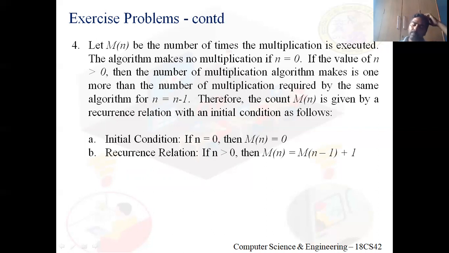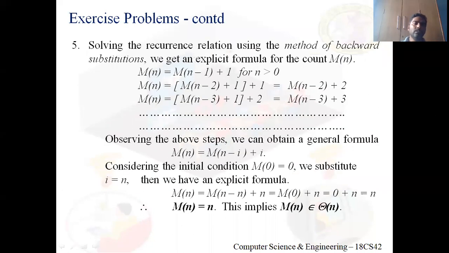So now I have set up the initial condition and the recurrence relation. Now you need to solve this recurrence relation, and you know how to solve it. You have learned solving recurrence relations in discrete mathematical structures.